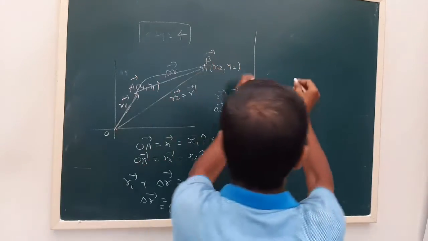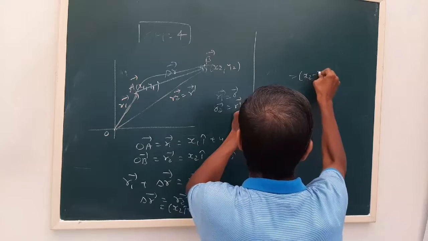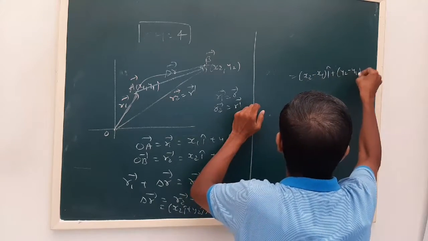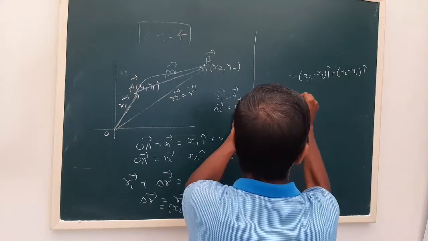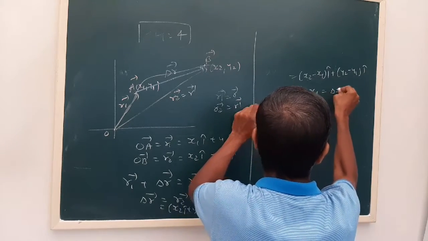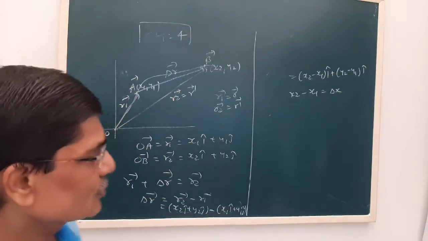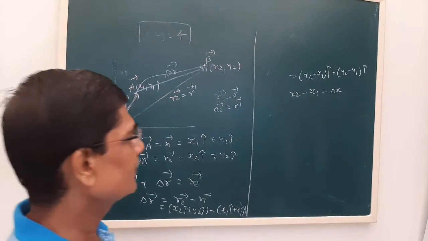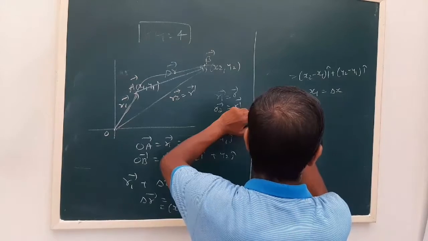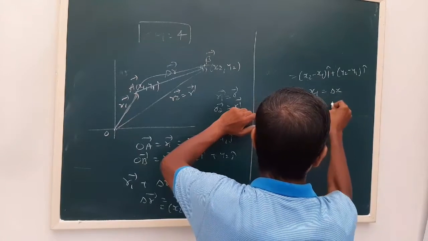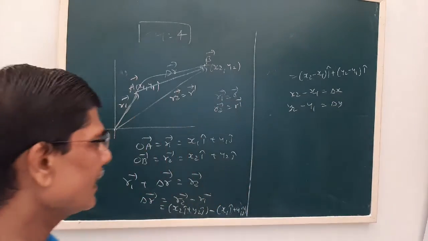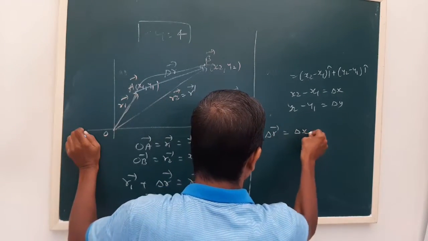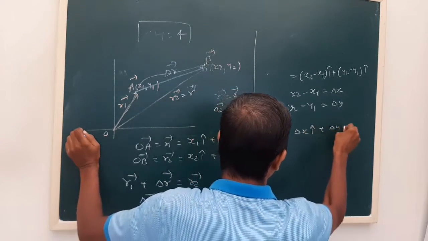So we can write in terms of difference of the coordinates, x2 minus x1 i caret plus y2 minus y1 j caret. Now x2 minus x1 is delta x, that is the change in position in x direction, and y2 minus y1 is delta y. Now we can write in terms of differences delta r is delta x i caret plus delta y j caret.